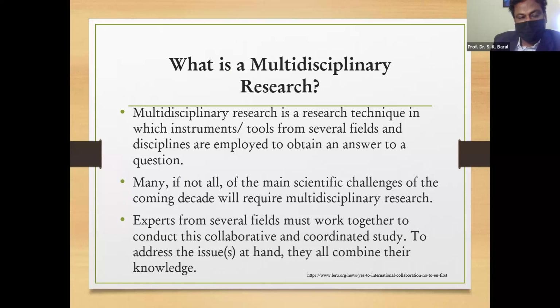So experts from several fields must work together to conduct this collaborative or coordinated study. Because it is very much focused, it is very much based on addressing the issues at hand. All disciplined experts will be combined, and they will give the solution.